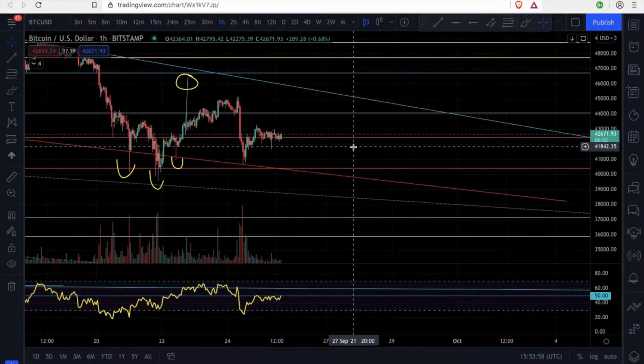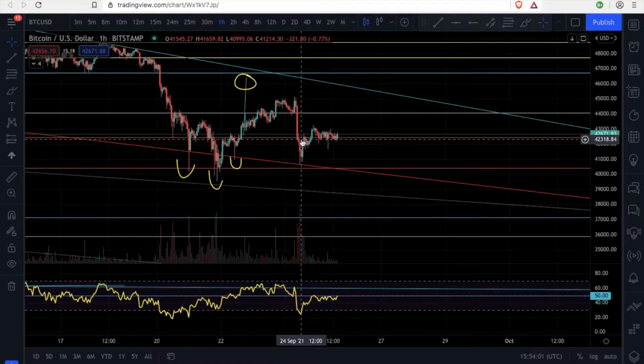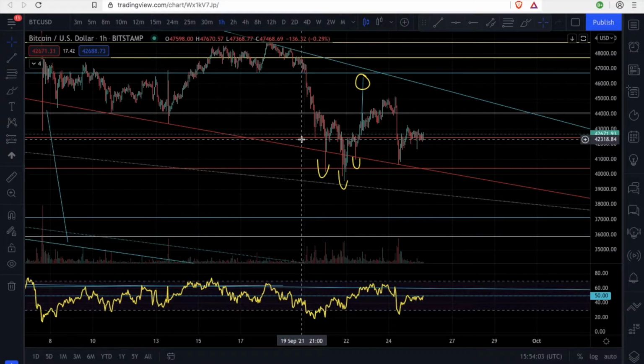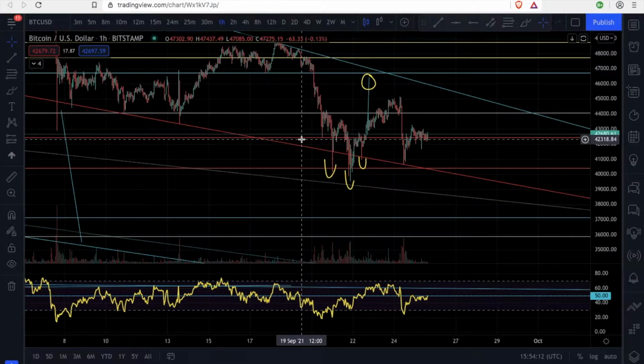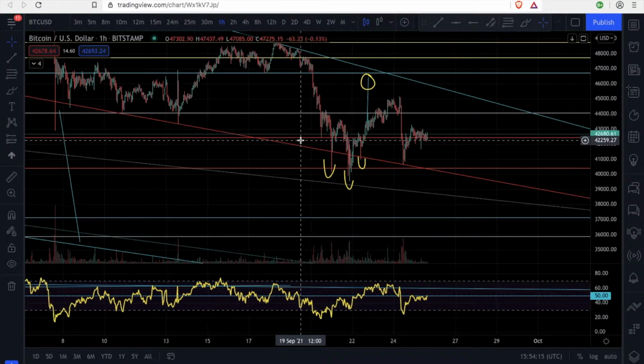I'm very proud of that. When you draw these patterns before the price comes to them and the price does exactly what it's supposed to do, it's a very cool feeling. It's very satisfying.